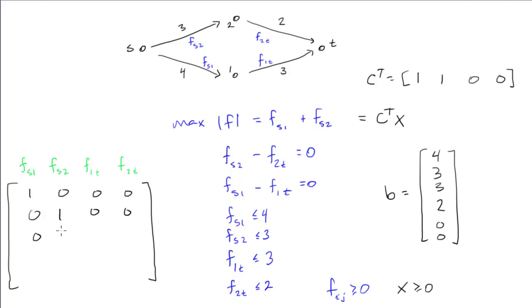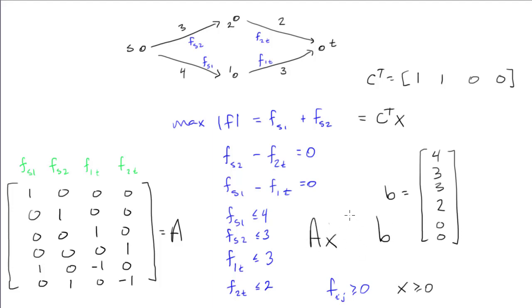My capacity constraints. My node balancing equations. So we have Ax less than or equal to b for 4 of them, Ax equals b for 2 of them. We've done both kinds of constraints before, so we know what the corresponding dual will look like in each case.